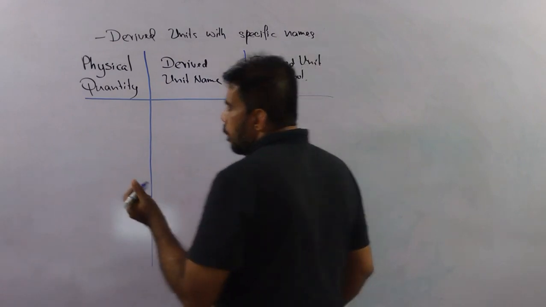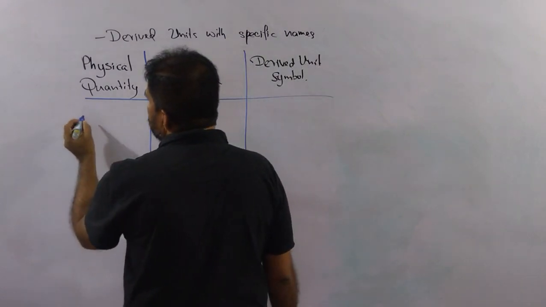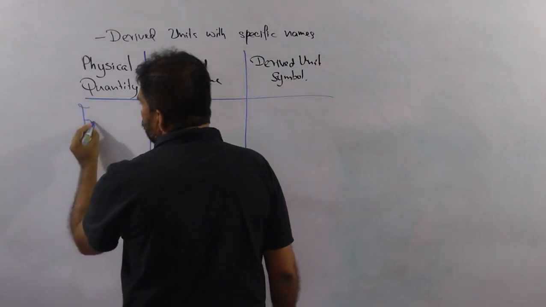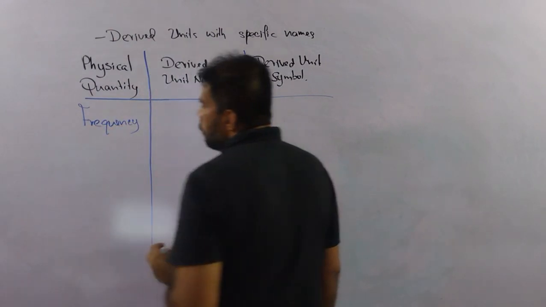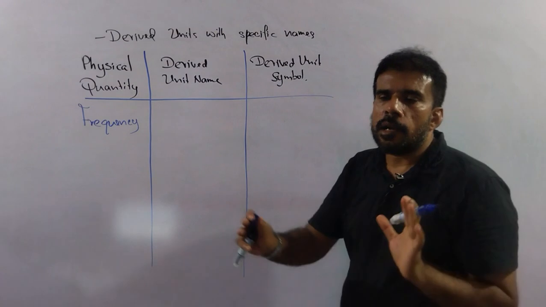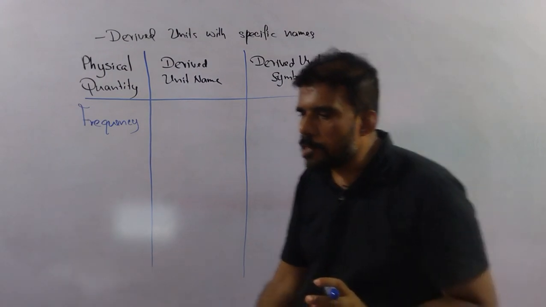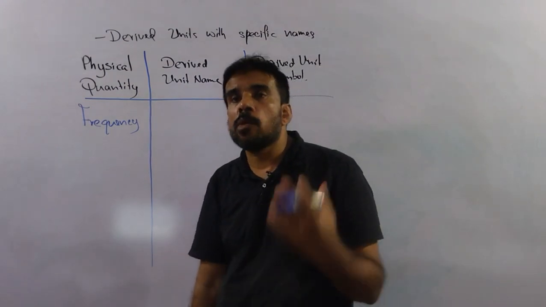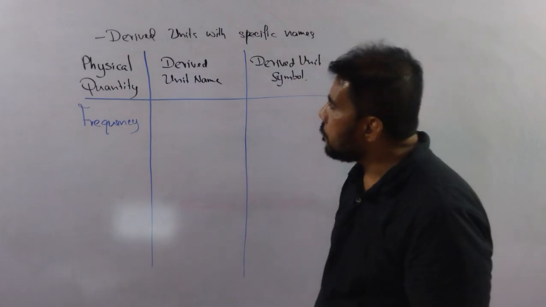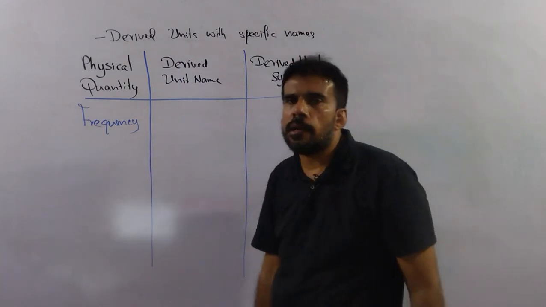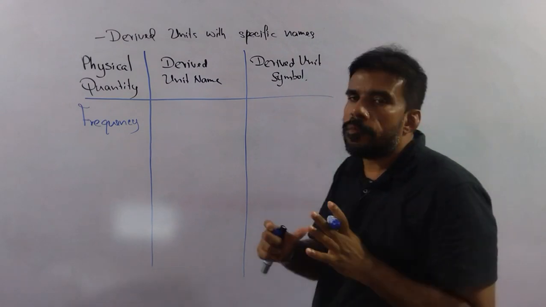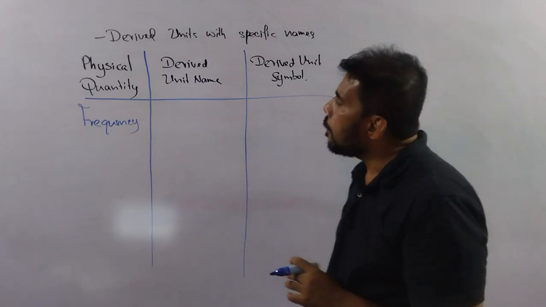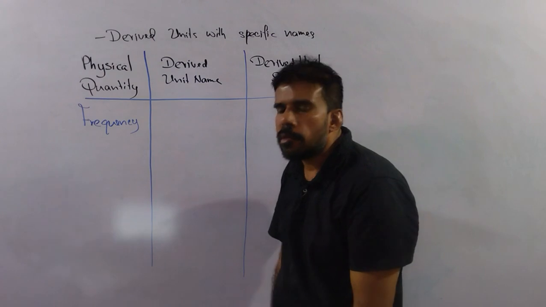Okay, let's say the first unit, frequency. Frequency is defined as the number of cycles per second, or per unit time. Especially it comes under waves and oscillations, and when we are discussing waves or cyclic patterns, the term frequency comes.